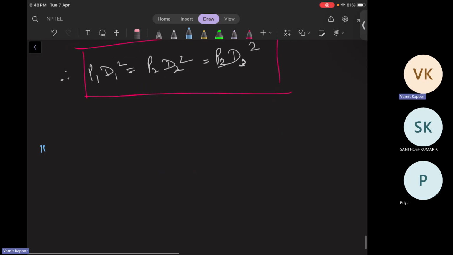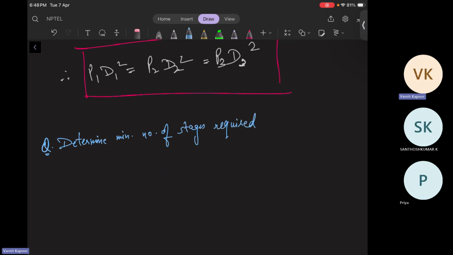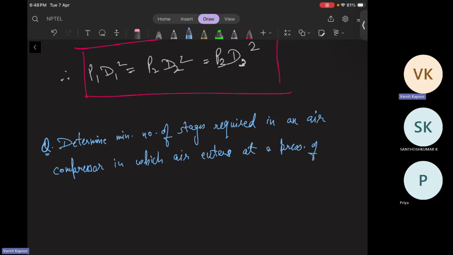Question: Determine the minimum number of stages required in an air compressor in which air enters at a pressure of 1 bar and a temperature of 27 degrees Celsius and delivers at 180 bar.